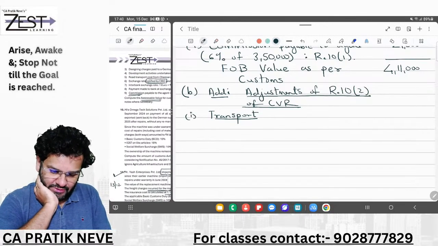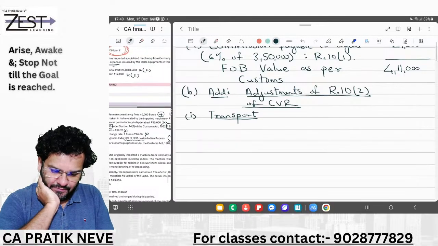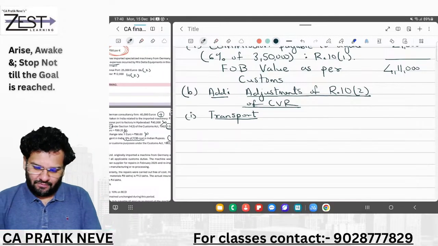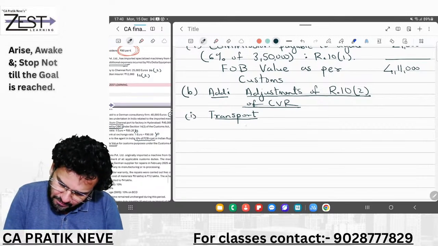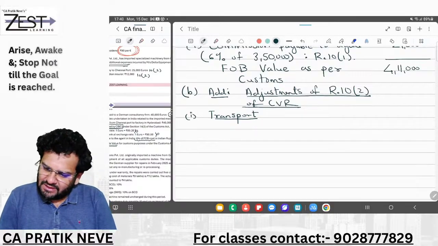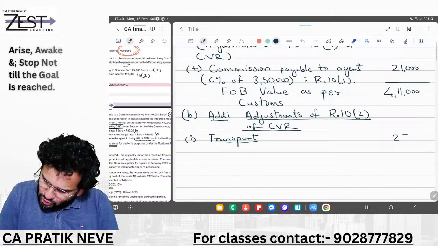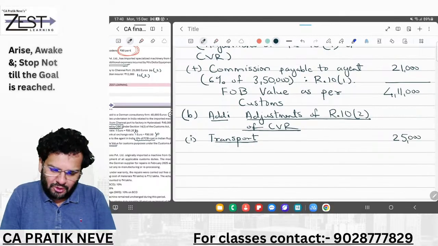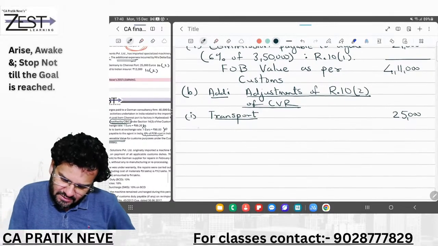So friends, transport is 25,000 euros. You may convert it, no problem. Rather, everything is going on in euros. So 25,000 euros, no problem, take it. Insurance is in rupees.